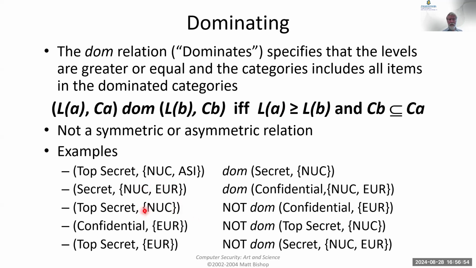Now these don't. Top secret nuclear Asia does not dominate confidential Europe, because Europe is not a subset of nuclear Asia. These don't necessarily say which one's a user and which one's an object, but in order to dominate, the categories have to be a subset.